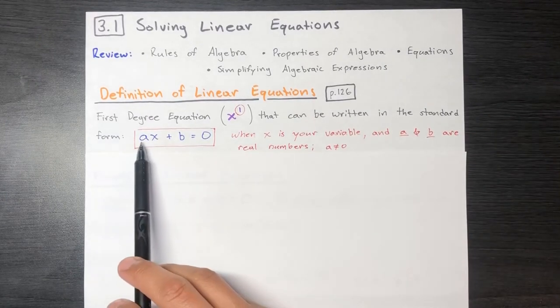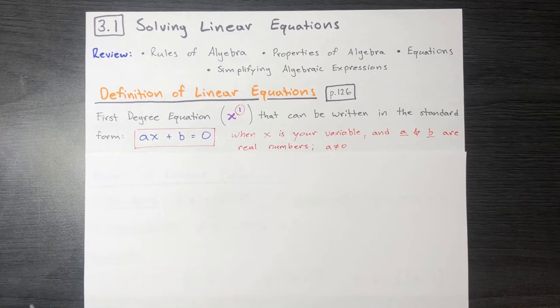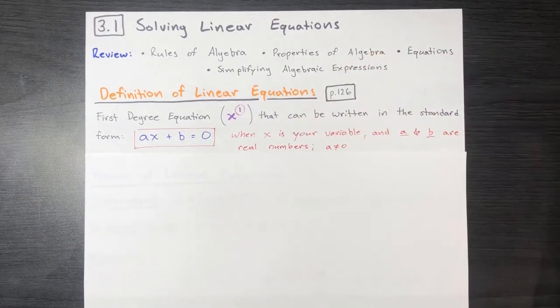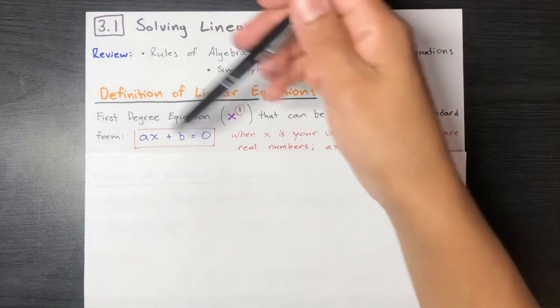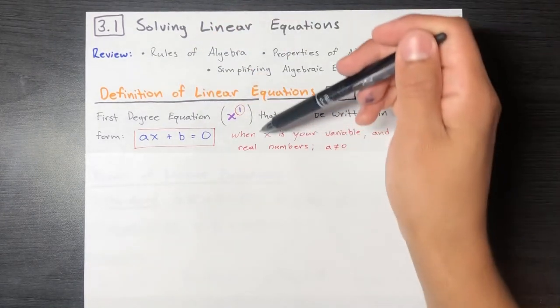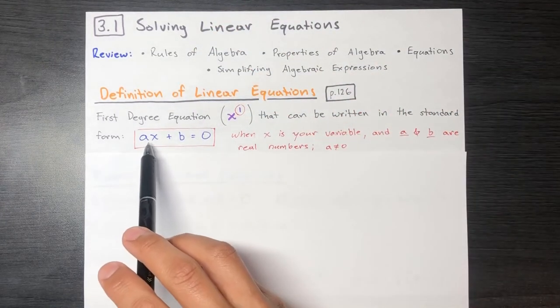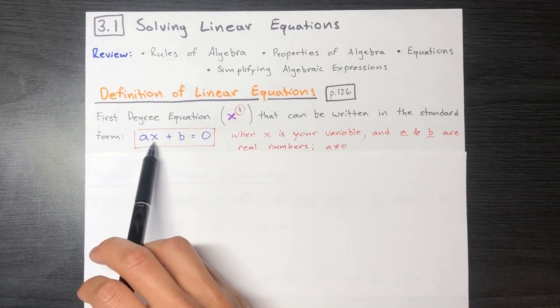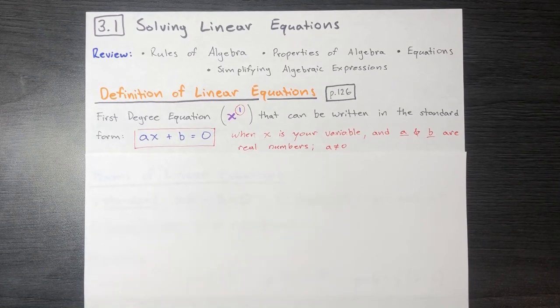Basically this coefficient here has to be a real number, not an imaginary number, and this one right here has to be a real number as well. This would be a constant. Now you can have a linear equation with a different variable, right? That's totally fine, but in the sense of this example, when x is my variable, this is going to be your standard equation. If y were my variable, then the standard equation would have a y here in place of the x.